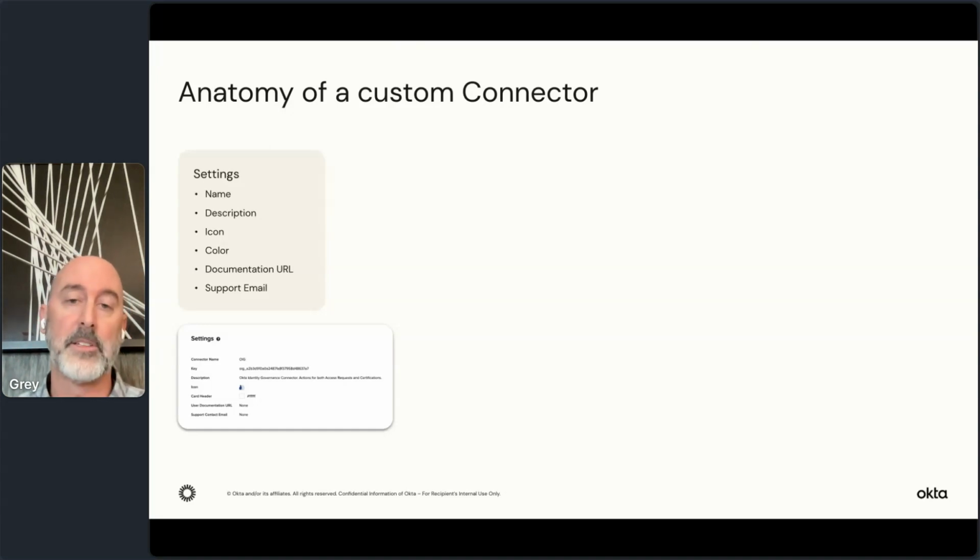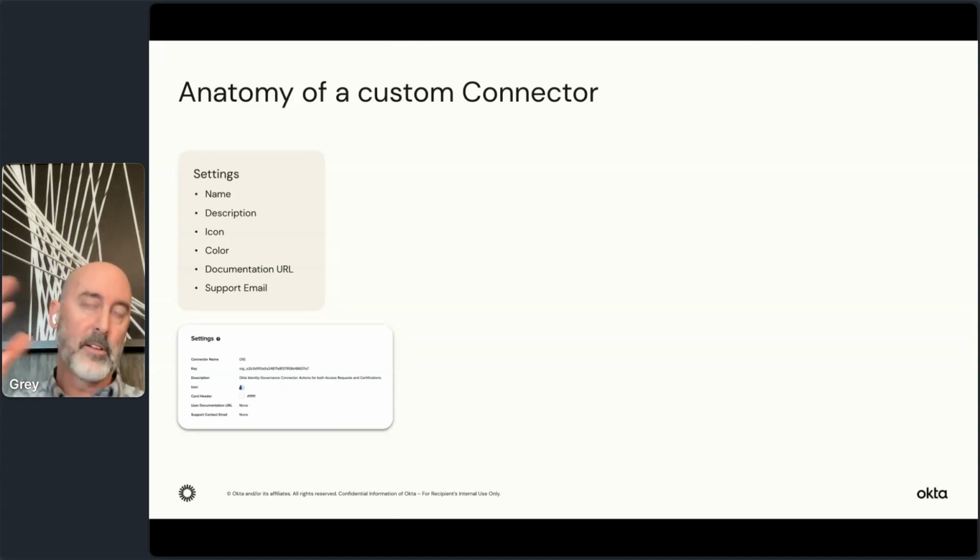So it'd be the name that's going to be shown for your connector, a description. You can add an icon and what color badge you want behind the icon on the connector itself. And then any links to the documentation for the connector and a contact, in case there's any issues with it.